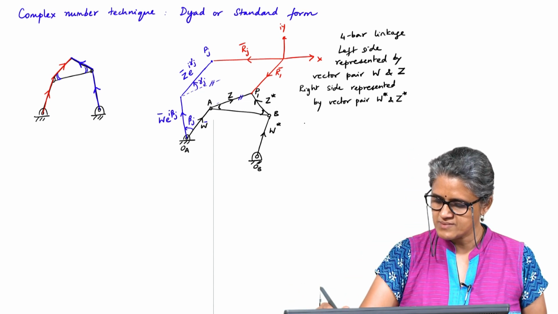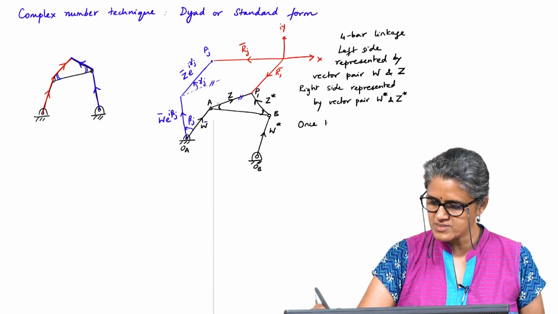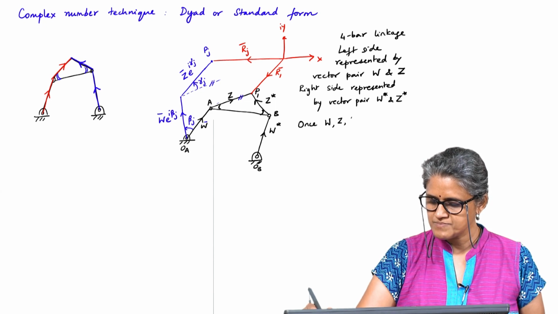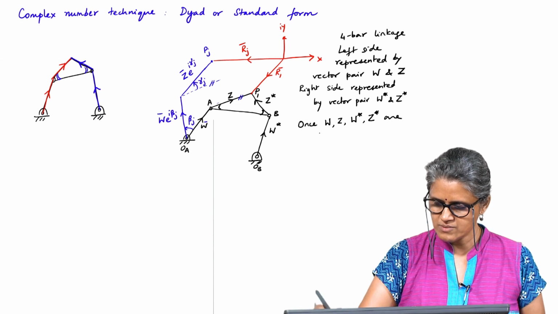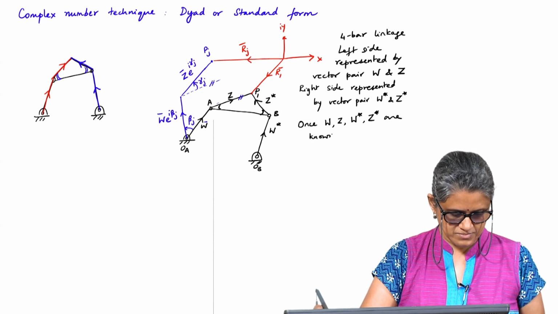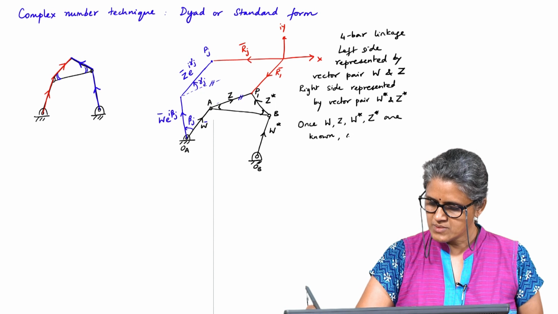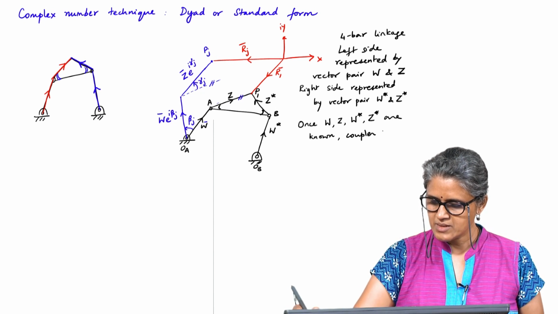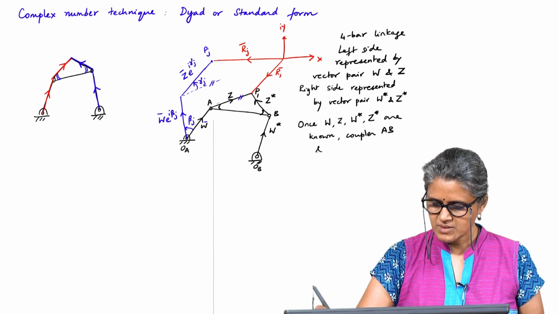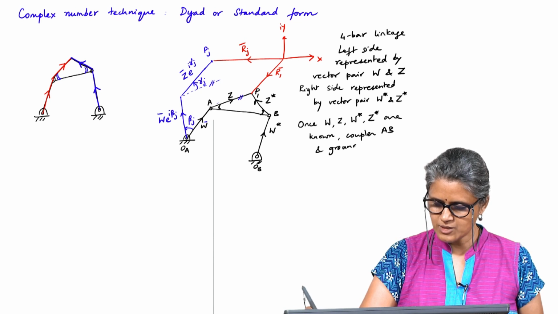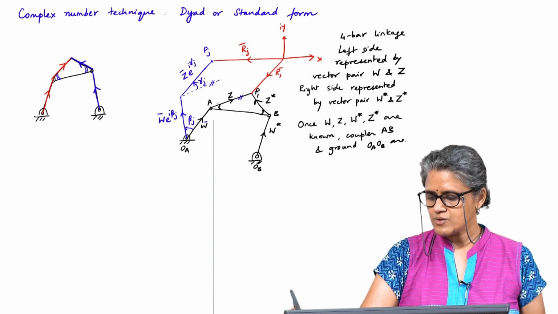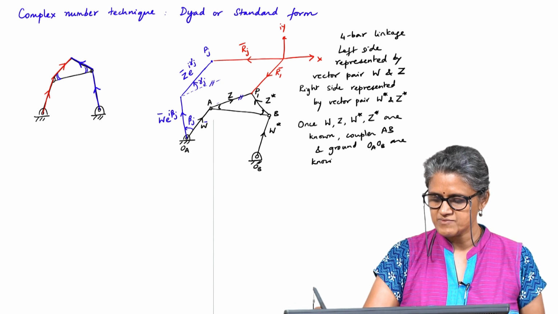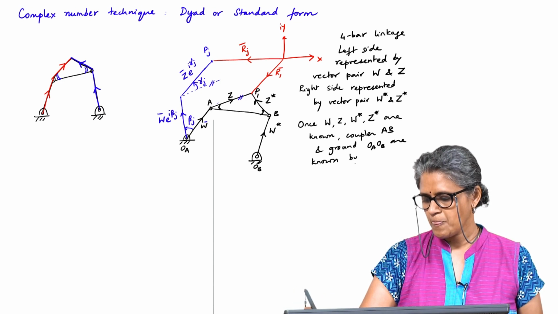So, once I know the two pairs, once W, Z, W star, Z star are known, coupler AB and ground OA, OB are known by vector addition. I can find it from the loop closure.